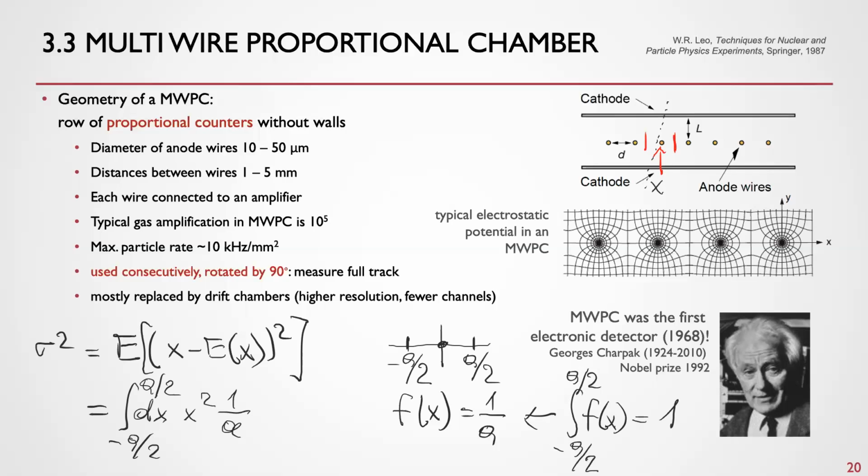That's because the expectation value itself is 0, so the x squared is the only thing that's remaining. And that's a polynomial integral. And its result is a squared divided by 12. And that means the resolution is a divided by square root of 12.